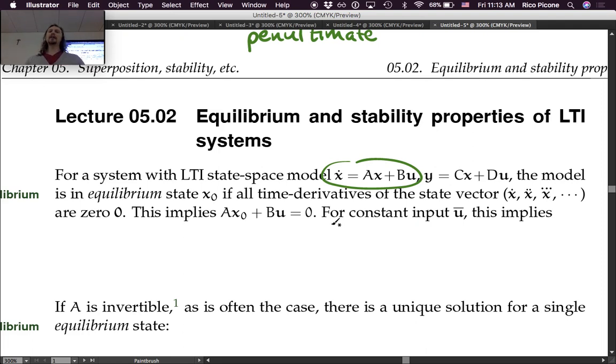For constant input u bar, this implies A x naught equals negative B u bar. And u is a vector, but I'm going to just put the bar and not vector and bar because it just seems confusing. So this is what's implied by the fact that we're in equilibrium.